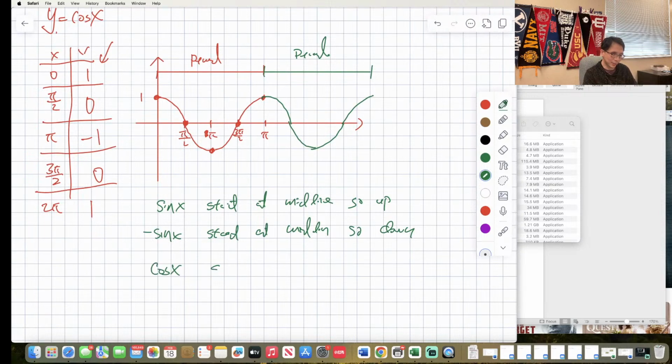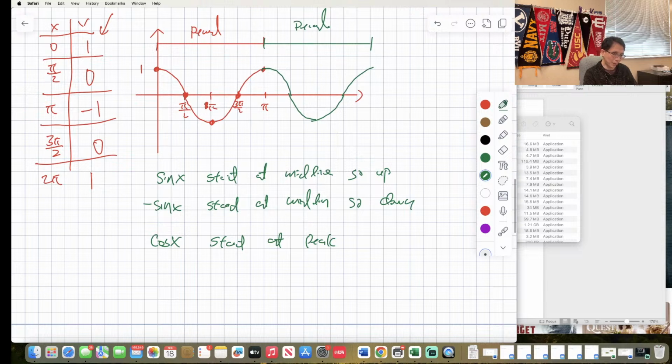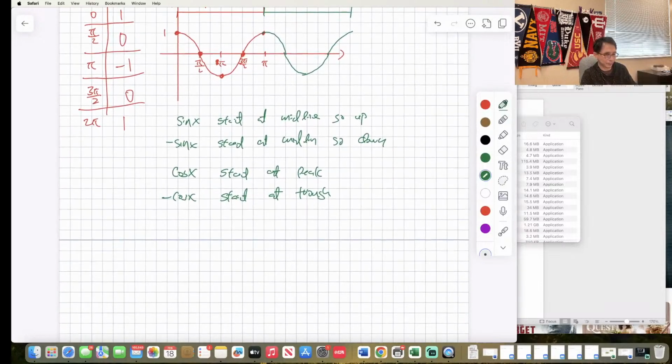Cosine x starts at the peak. If you have negative cosine of x, start where? Trough. It's not a fish. So if you have a basic understanding of that, it's good. Now you must go to the midline and go down. You cannot go from the peak all the way down. That's what people always have problems with.